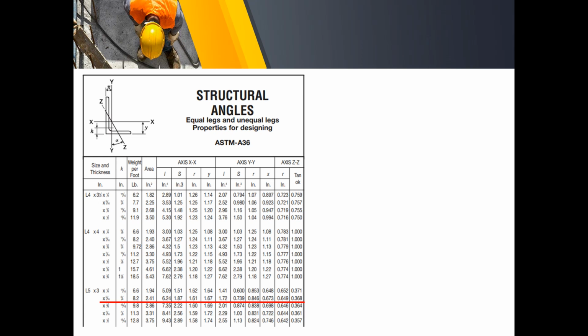So this is L5 by 3 by 5/16. We have the area to be equal to 2.41. This is the area for a single angle section. So what we do is to compute it as it is, and then later we double the result of the strength.